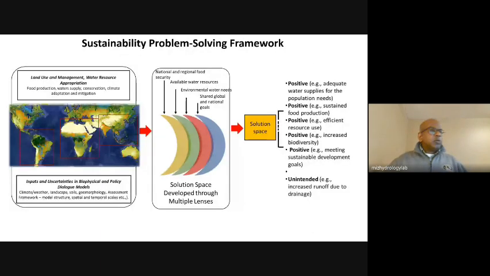So going back to my initial framework, I presented to you 2 different projects. One is addressing the water and food security challenge, focusing on South Asia, and then this biggest environmental pollution challenge.